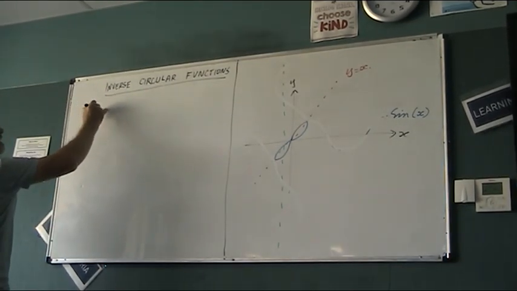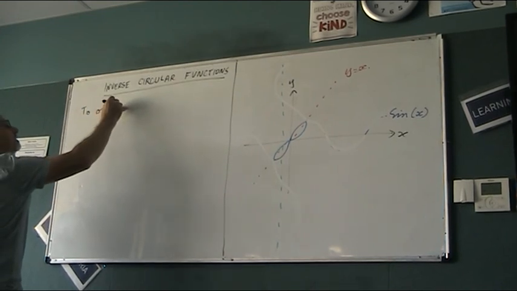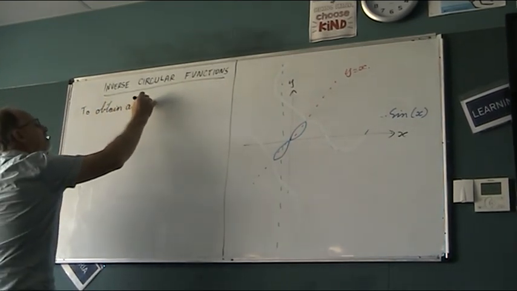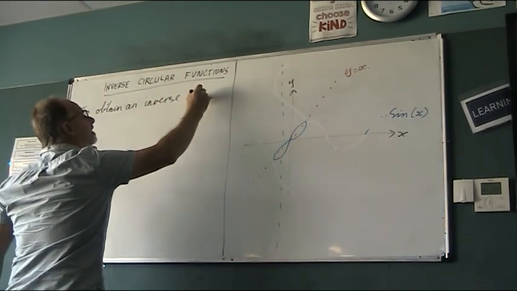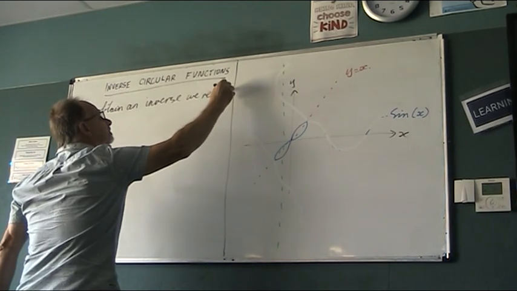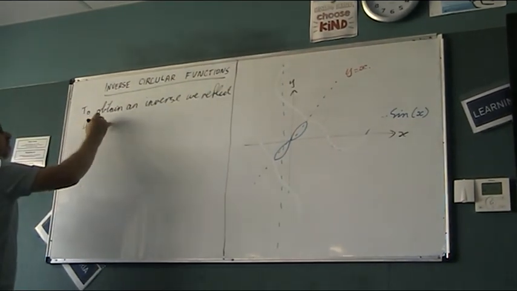So to obtain an inverse, we reflect in the line y equals x.